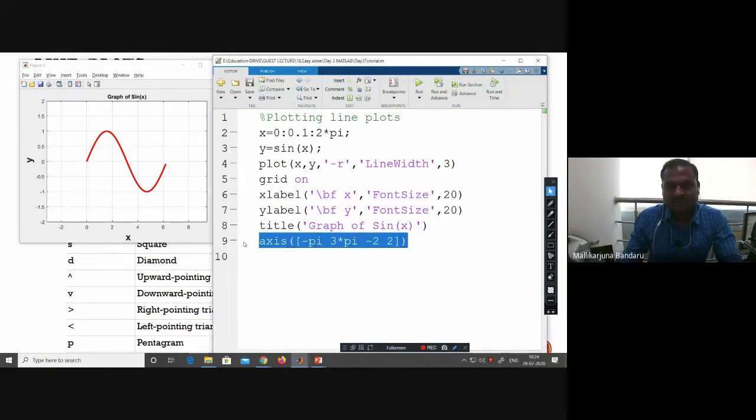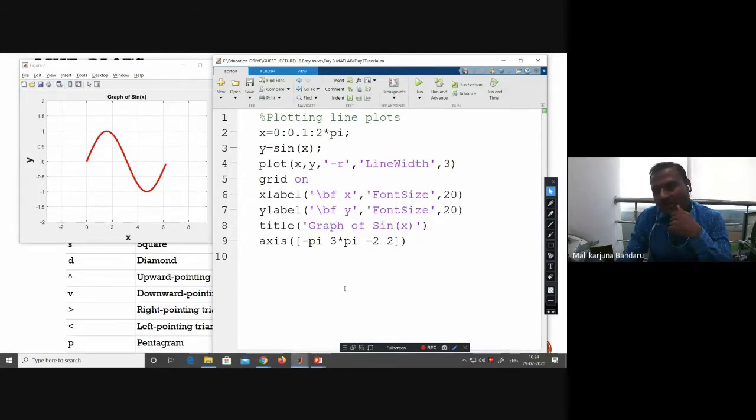But see, suppose I would like to show this sin x. If suppose there are multiple curves and each curve will be represented in a different color and different style. But how do you make the title properly? So that means by looking at the graph, we are able to identify which curve represents what exactly.